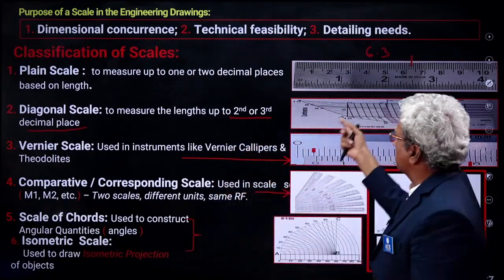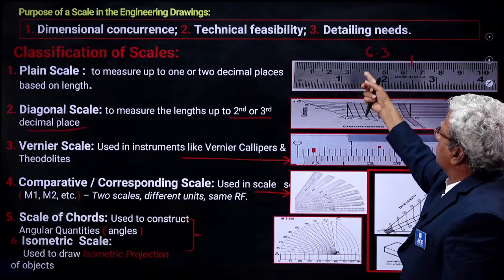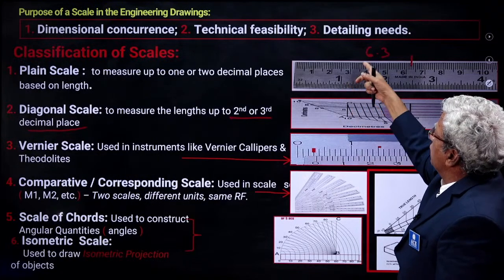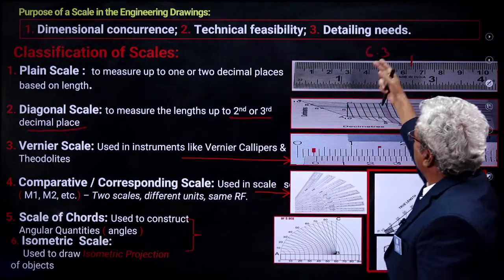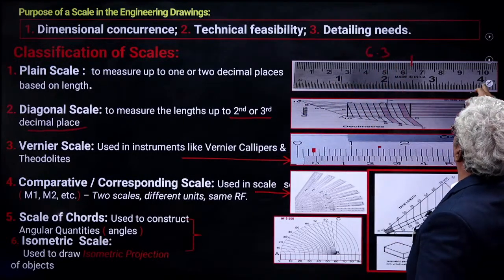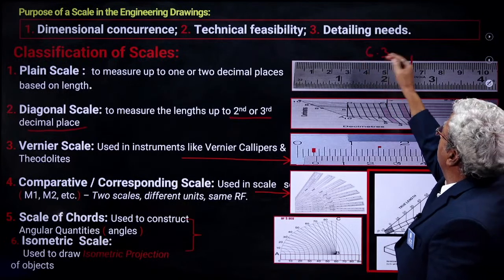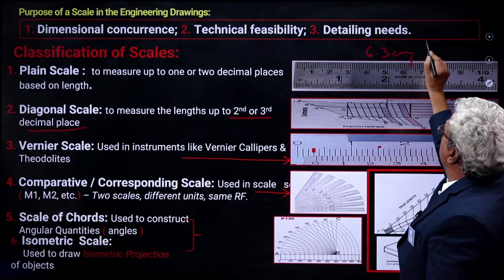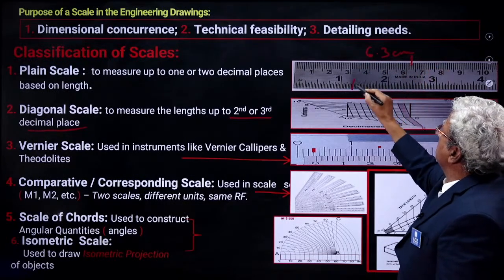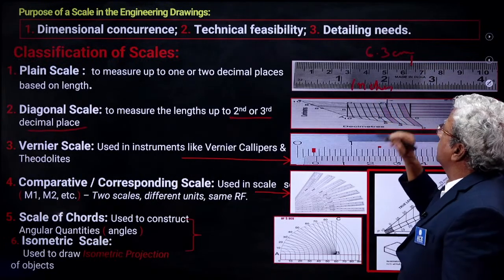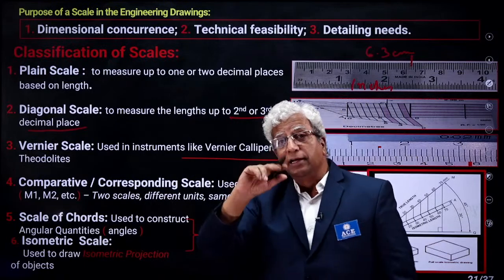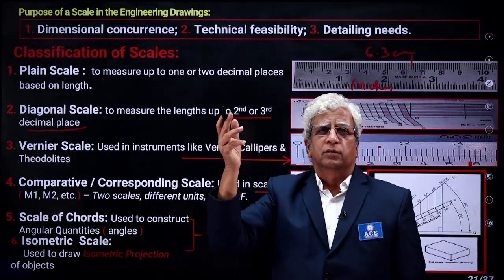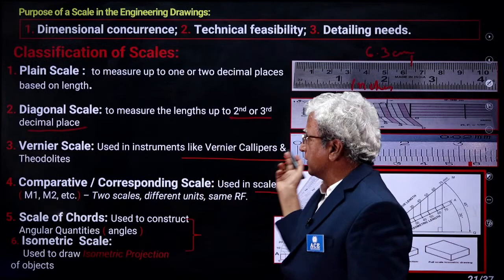Similarly for this example, when two are there, if it's only one there, it's a plane scale. It's also plane scale, comparative scale. On the other side you have other set of units. Here in the top you have centimeters, at the bottom you have inches. Is it not so for this?